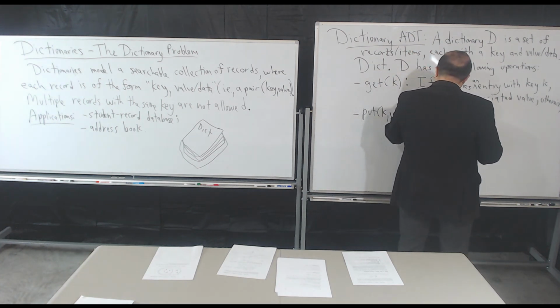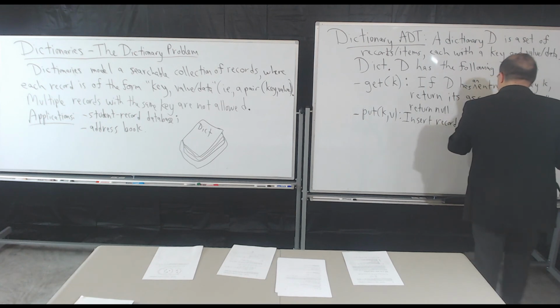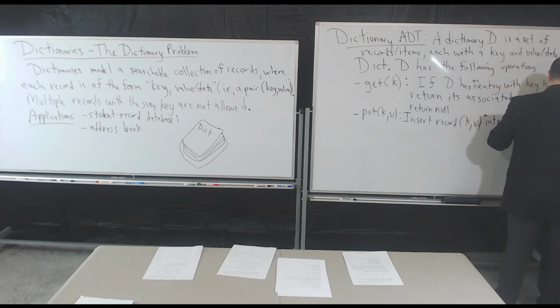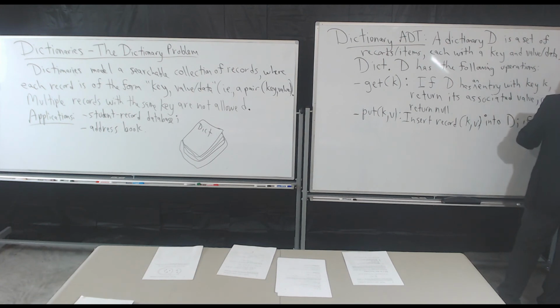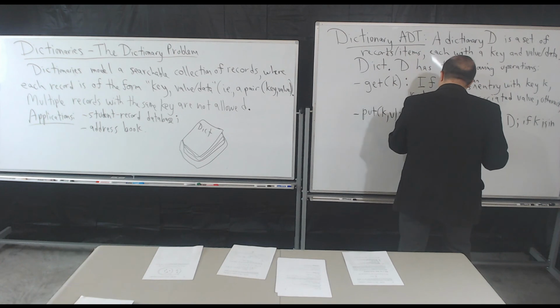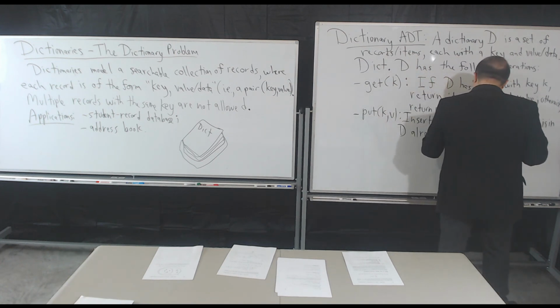Insert record. You're going to insert the record, which is a pair, KV, into D, if K is in D already, return error.